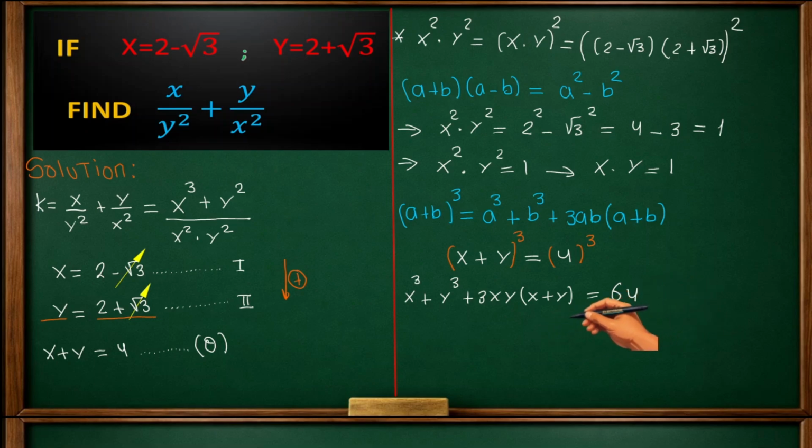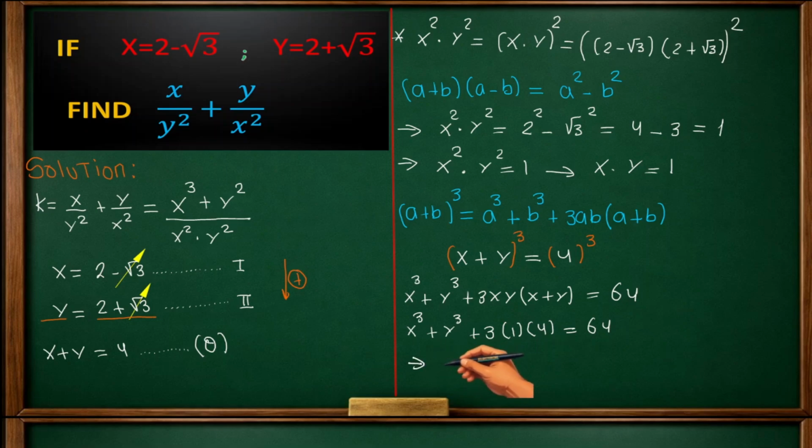So x to the cube plus y to the cube plus 3 times x times y, which is 1, times x plus y, which is 4, equals 64.